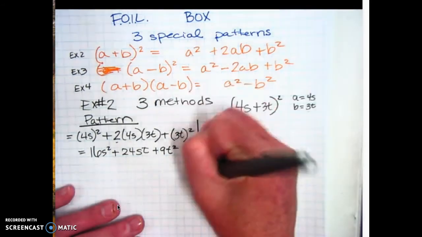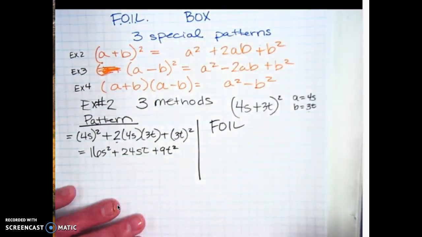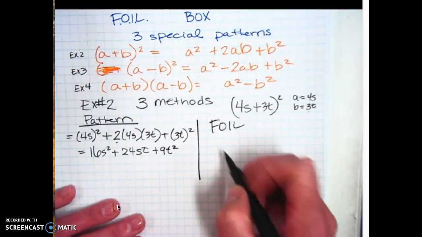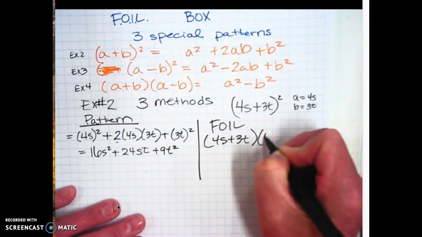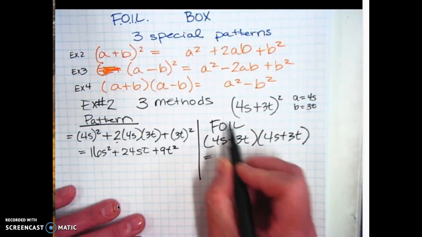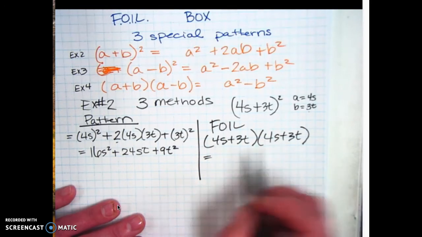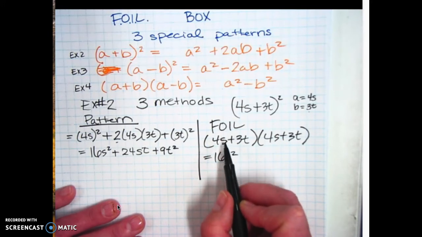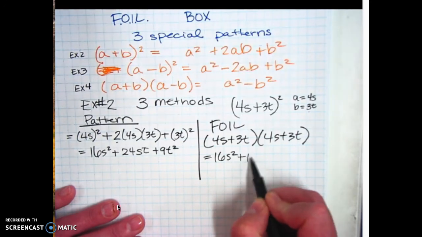Okay? Now I'm going to show you FOIL. First, outside, inside, last. So for FOIL, you want to rewrite this as a binomial times a binomial. So you're going to say 4s plus 3t, 4s plus 3t, and you're going to do first, outside, inside, last. So first is the first term times the first term. So 4s times 4s is 16s squared. Outside, the two farthest away from each other, so 4s times 3t is 12st.